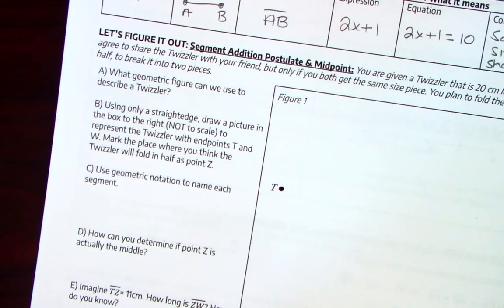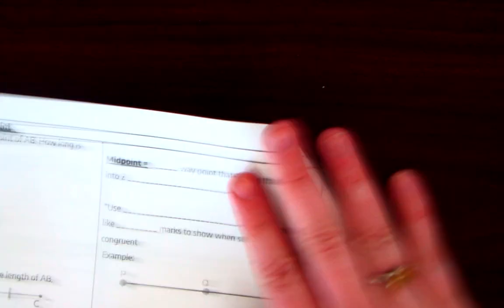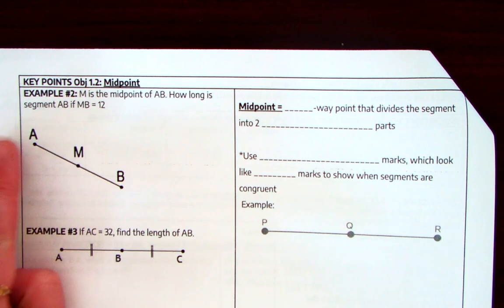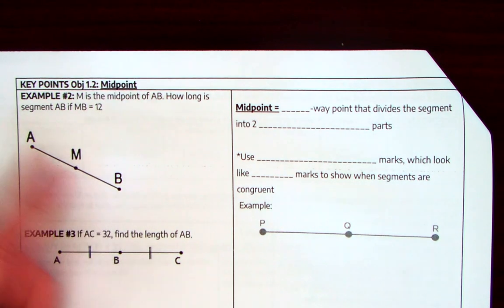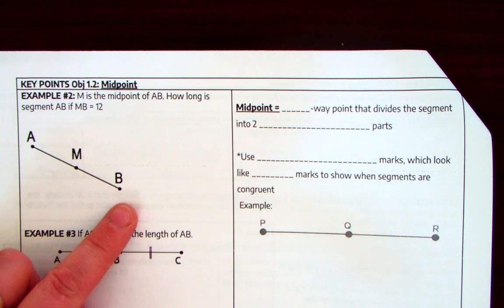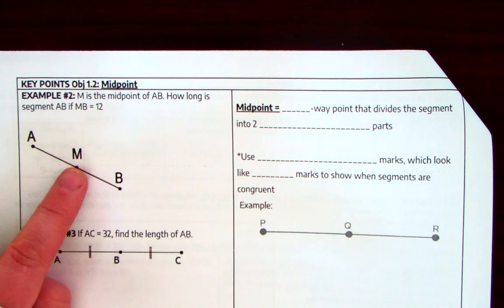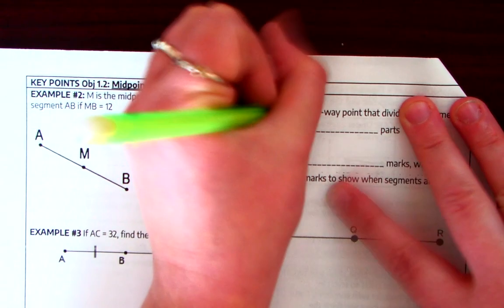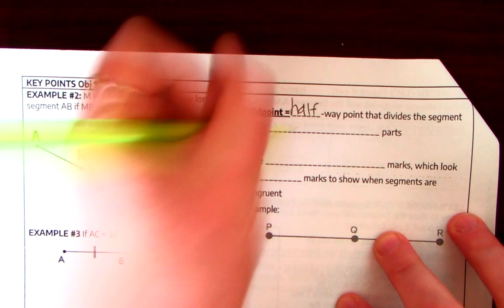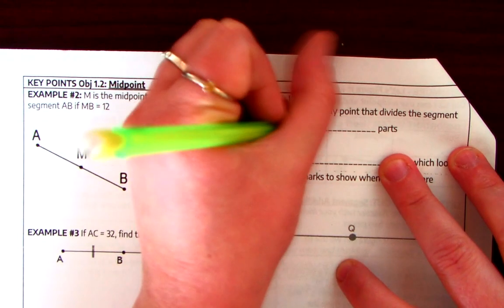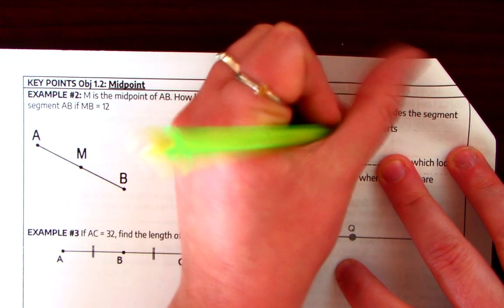Now, in some cases, on the next page, what if we have a segment, and the point in between is in the middle? That might change our problem solving around how we can find segment length. That's called dealing with a midpoint. A midpoint is a halfway point that divides the segment into two congruent, so same, parts.